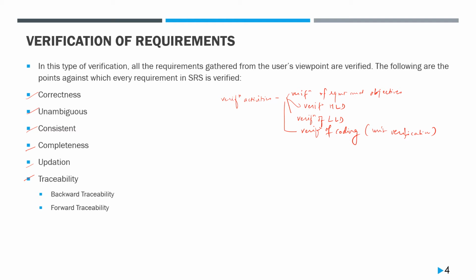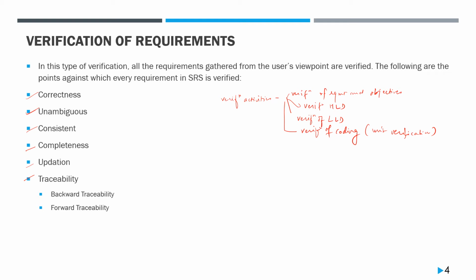Then come to unambiguous. A requirement should be verified such that it does not provide too many meanings or interpretations. It should not create any redundancy in a specification. Each characteristic should be described using a single term. Otherwise, ambiguity or redundancy may cause bugs in the design phase.